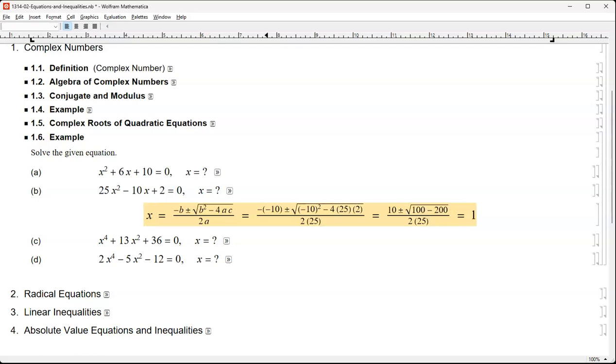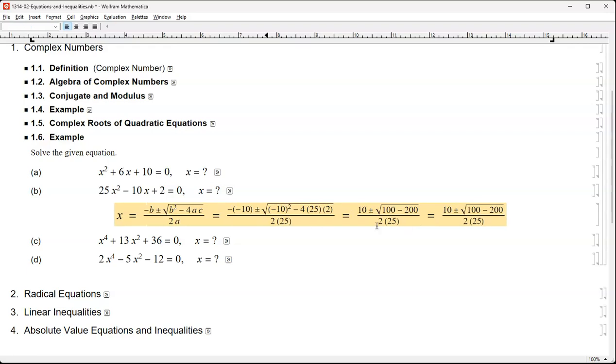Let's copy and paste once more. By the way, the denominator 2 times 25 is 50.